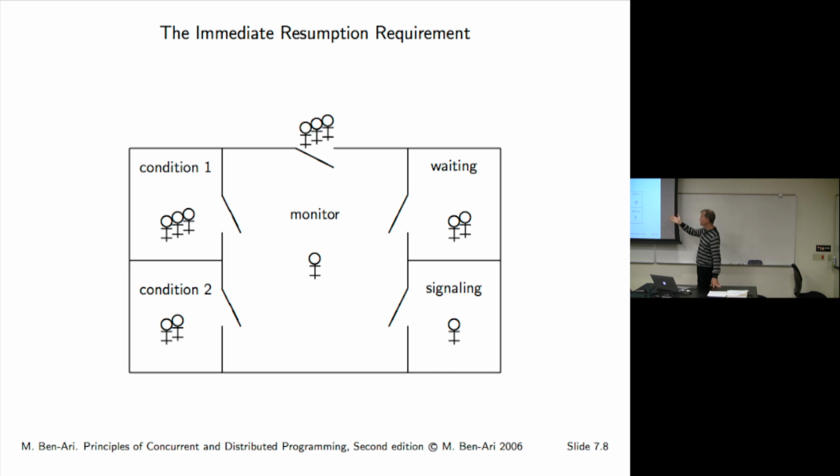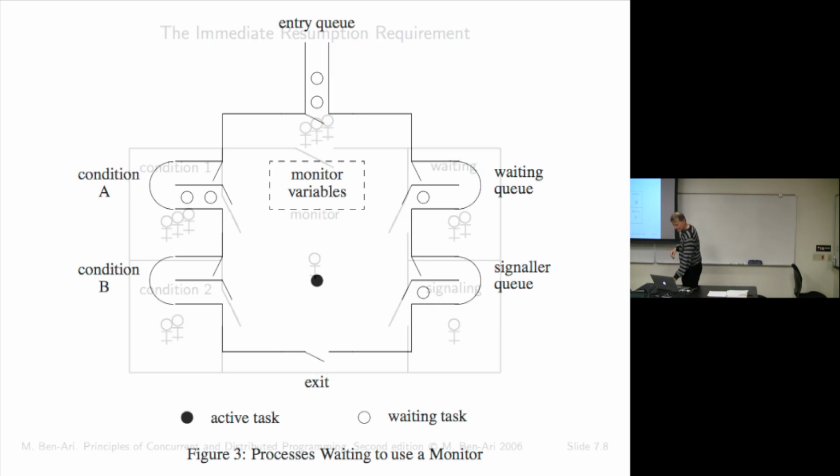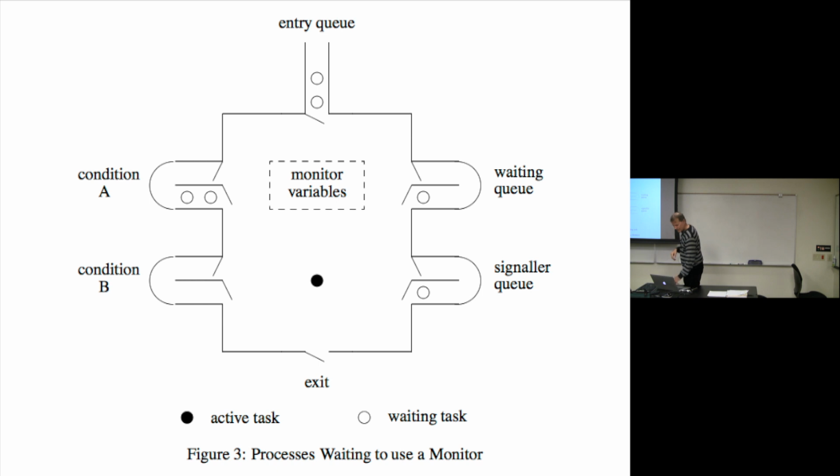How many queues does it look like we have here, plus the entrance? Are you with me? So 5 altogether. There's a waiting queue, a signaling queue, an entrance queue, and then if we have 2 condition variables, there's a queue for each. He draws the thing like this. And look, here's a picture taken directly from Boer's paper.